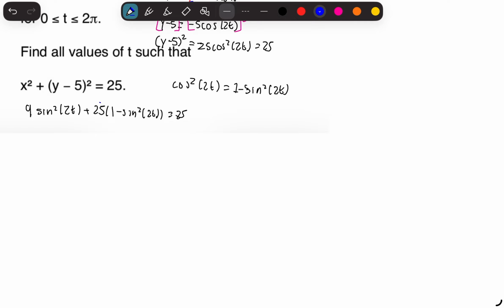Now you can just distribute here, and you have your solution.